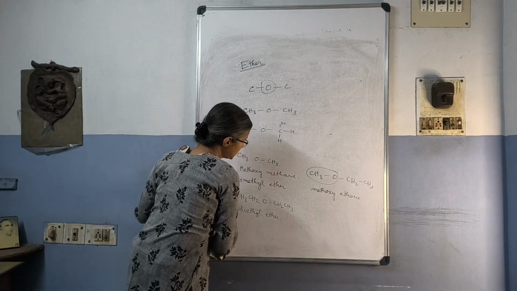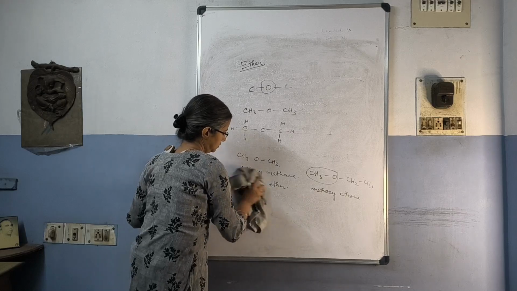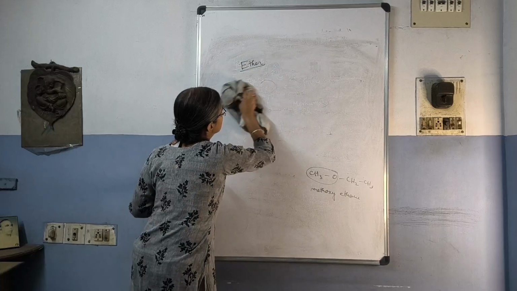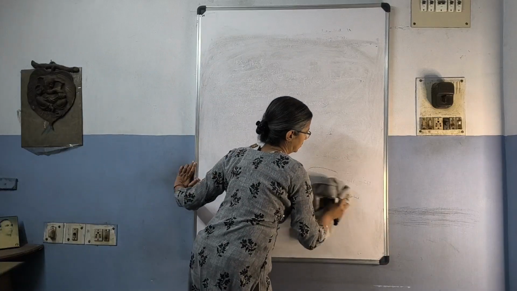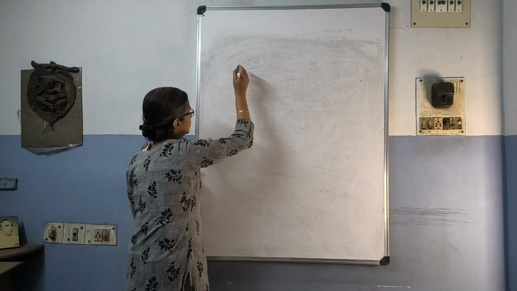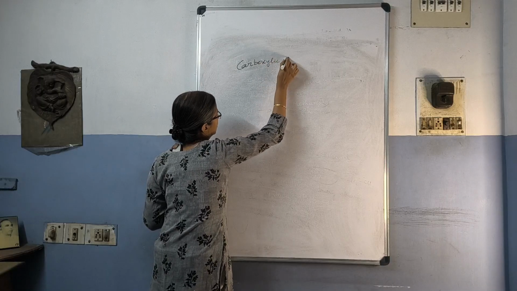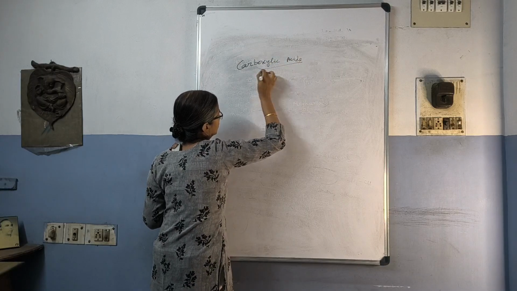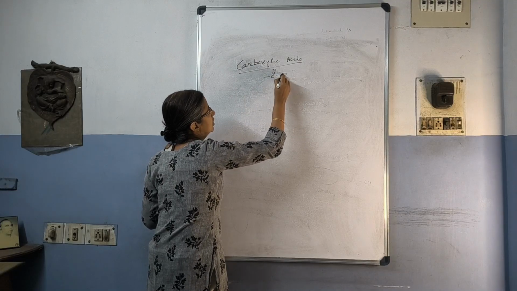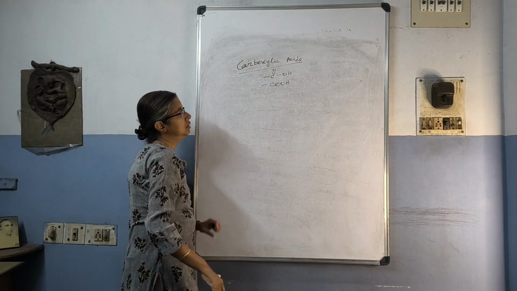And finally the carboxylic acids. Carboxylic acid means we will have this bonding, that is COOH, two oxygens.